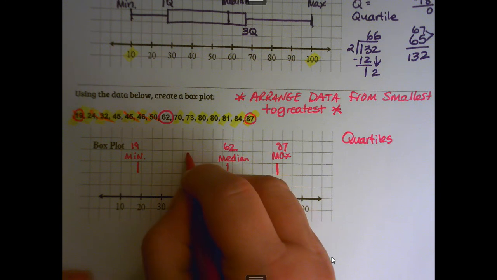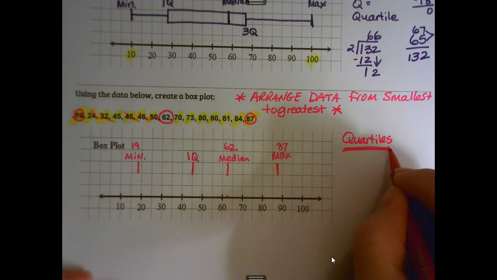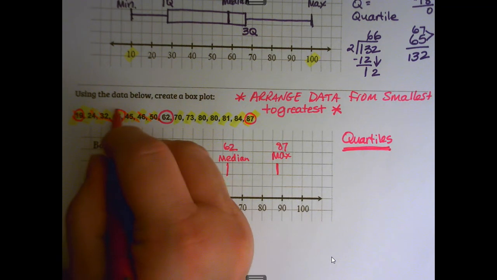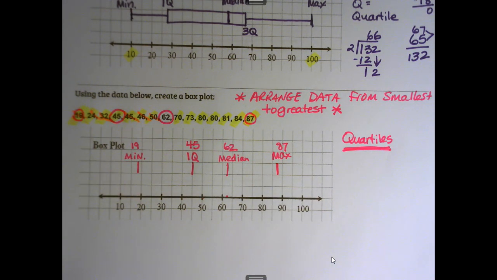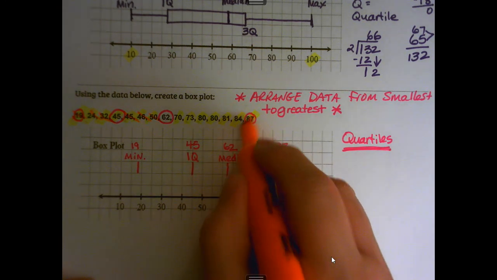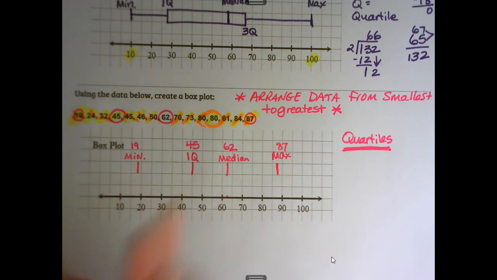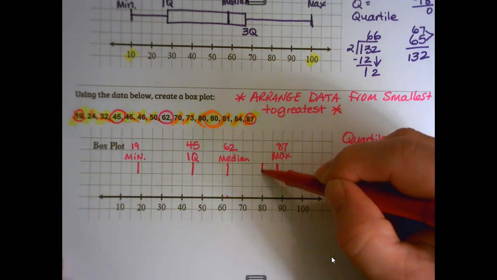I'm going to label that 1Q, and remember quartiles is over here. And 1Q is the number 45. And then I am going to go ahead and do the same thing with the other half of the data. And I get the number 80, which is a nice number to get because it's easy to label up here.